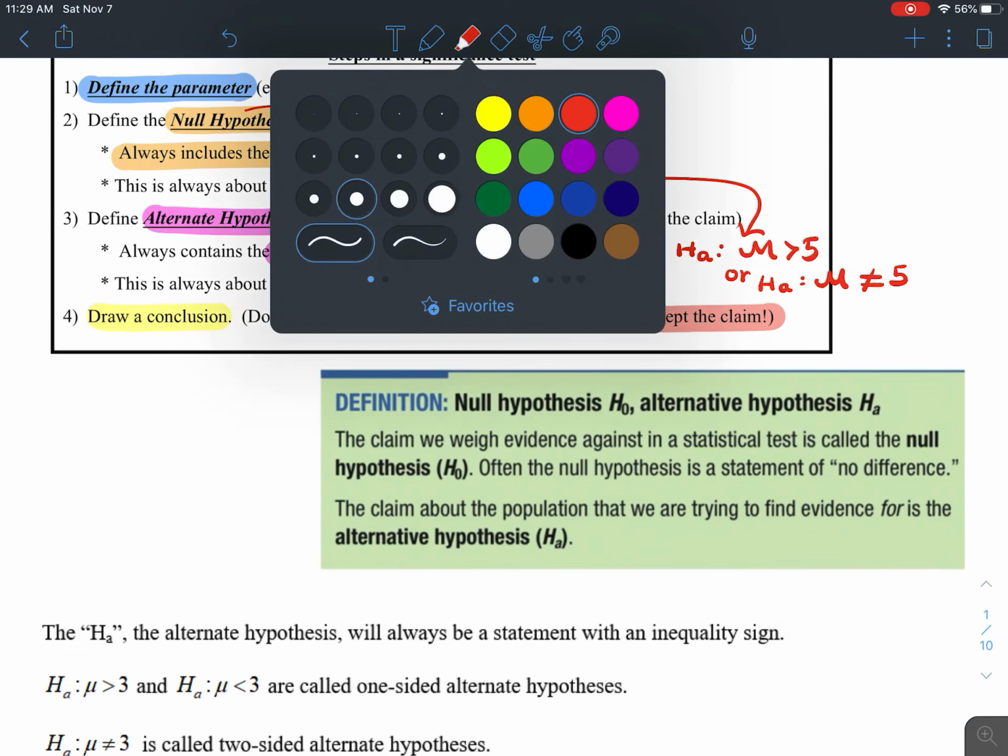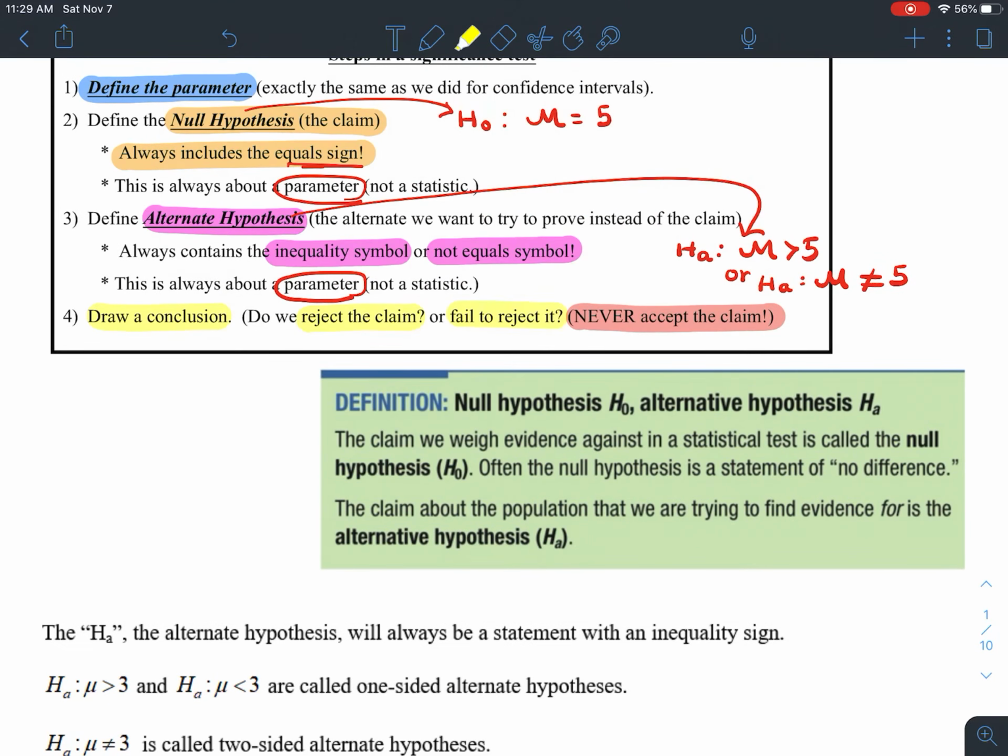So in terms of our null hypothesis, that is always some type of a statement of no difference. And by no difference, I mean that is where we put the equal sign. Always, the null hypothesis is always the equal sign. The alternative hypothesis is one of these three options. It is either a less than, a greater than, or a does not equal to.